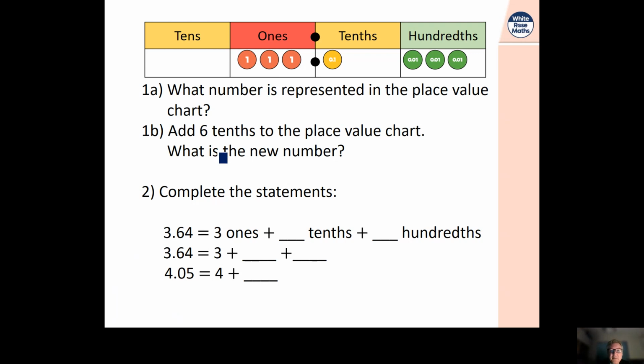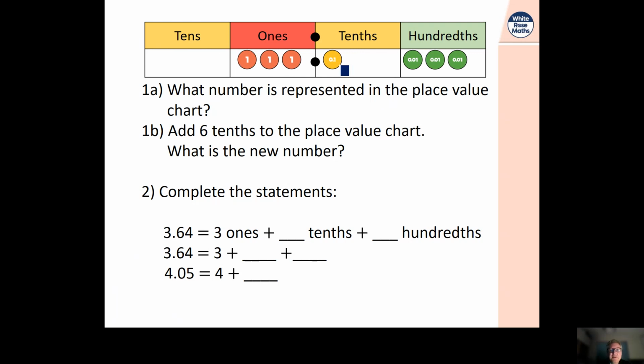Okay, let's have a little think before we move on. So we've got a place value grid here. Tens, ones, there's the decimal point there. And then to the right, we've got the tenths and the hundredths. What number is represented in the place value chart?